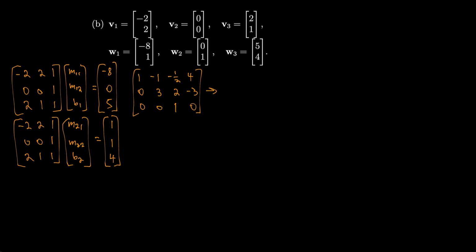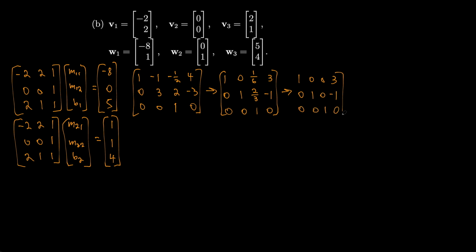And that becomes 1, 0, 1, 6, 3, 0, 1, 2 thirds, minus 1, 0, 0, 1, 0. Which further reduces to 1, 0, 0, 3, 0, 1, 0, minus 1, 0, 0, 1, 0. Giving us M11 equal to 3, M12 equal to minus 1, and B1 equal to 0.